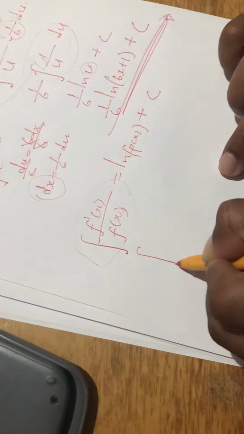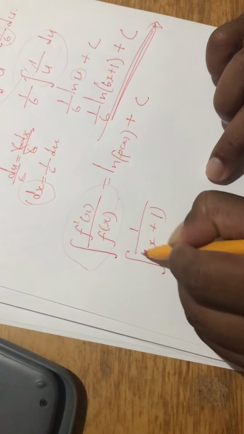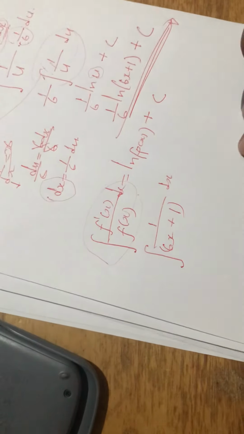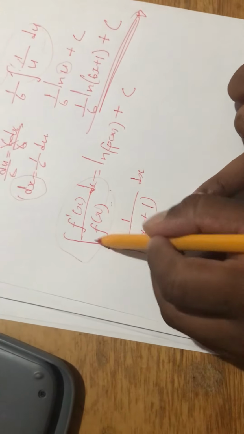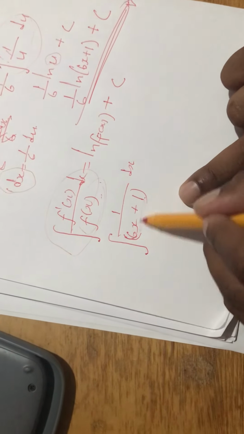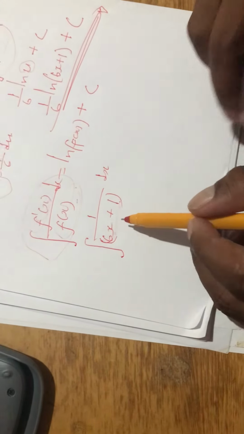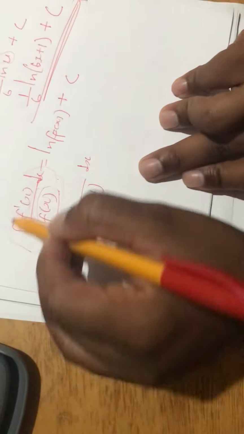The question is the integral of 1 over 6x plus 1 dx. Remember here is also dx. Now if you are integrating here, let's say for an example our f of x is 6x plus 1, and our f prime is what you get when you differentiate this one.